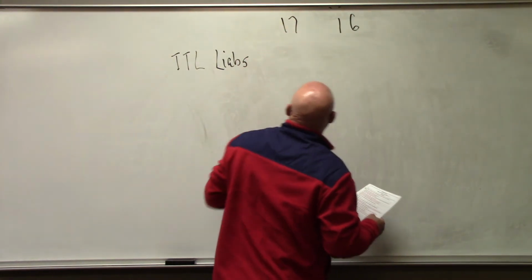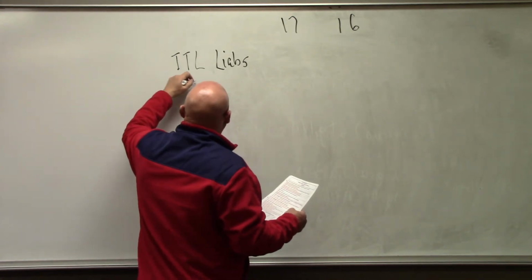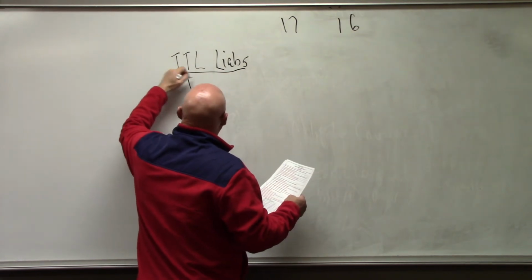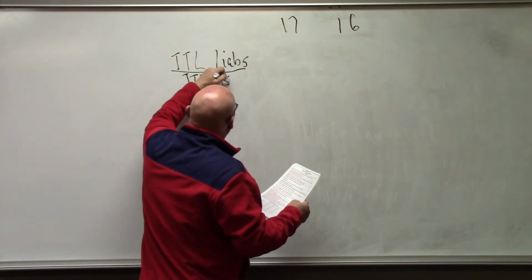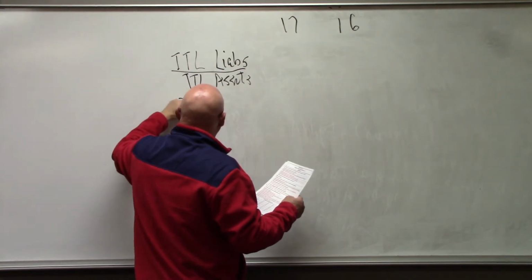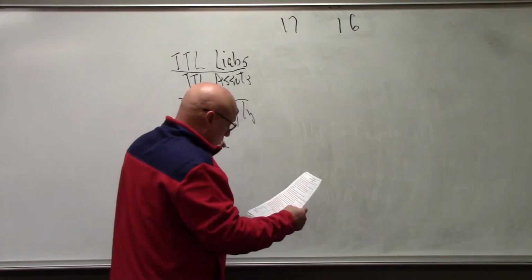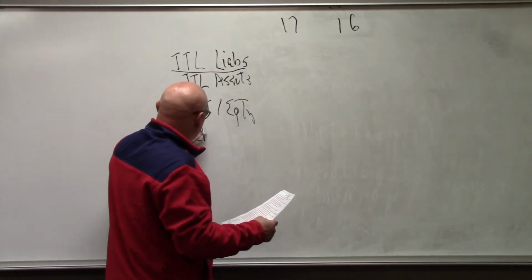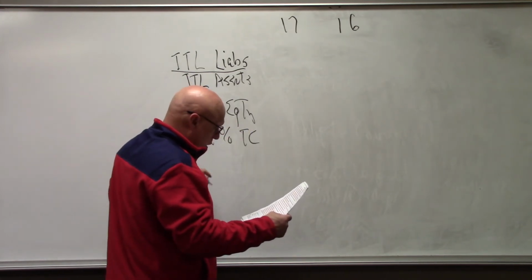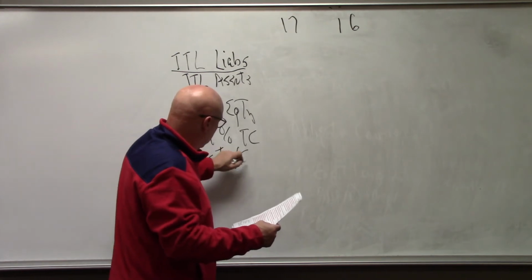Okay, so let's do 17 and 16. How about that? Okay. And so we have total liabilities. We have total liabilities divided by total assets. And we have debt to equity. Then we have debt as a percentage of total capital. And we have assets to equity.